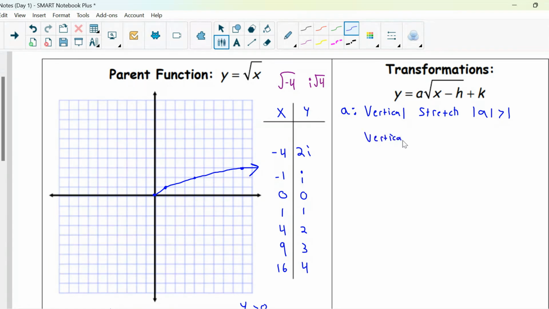Or it'll have a vertical compression. And that's in the case where the absolute value of a is less than 1.